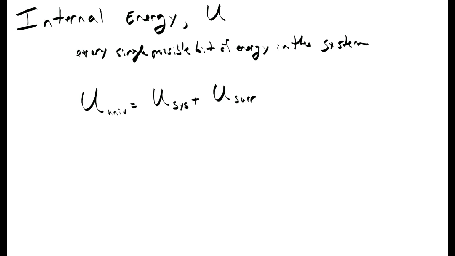But more important than that, let's talk about the change in energy of a system. We care about the change in energy of the system because change in energy is really what tells us why things do what they do. So we need to think about the change in energy of the system.